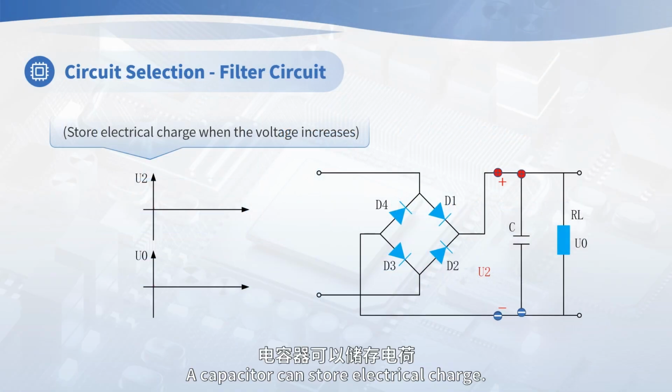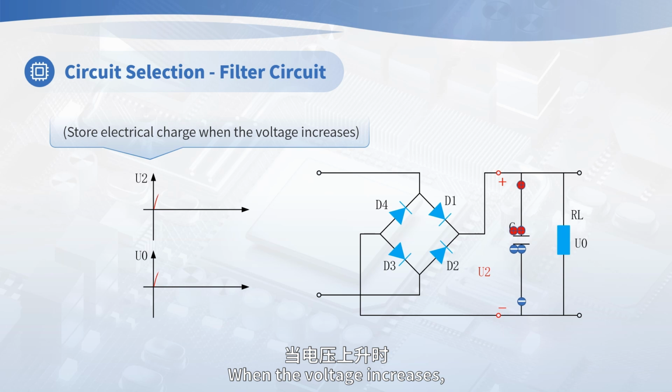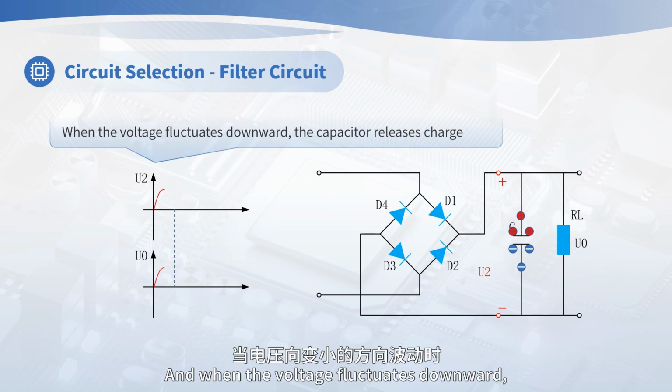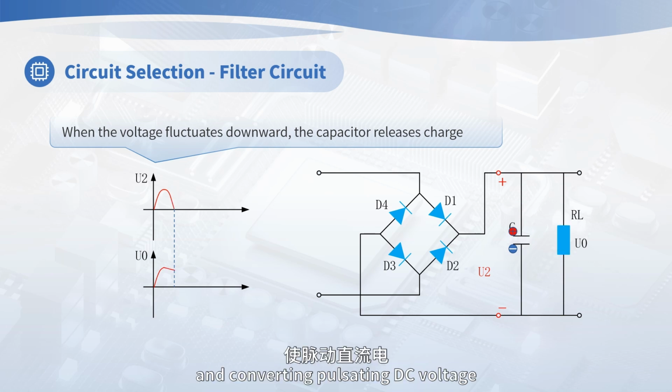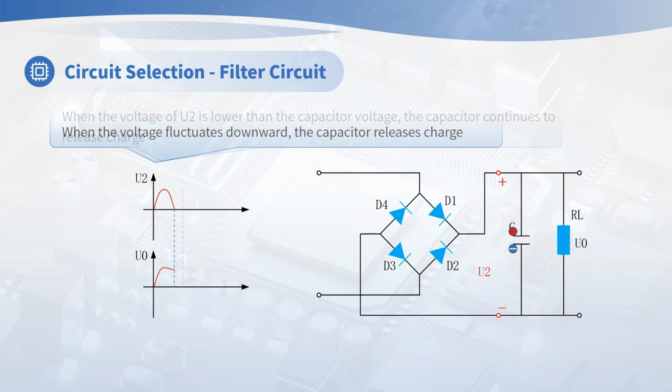A capacitor can store electrical charge. When the voltage increases, the capacitor absorbs charge to stabilize the voltage. And when the voltage fluctuates downward, the capacitor releases charge, mitigating voltage changes and converting pulsating DC voltage into a more stable DC voltage.